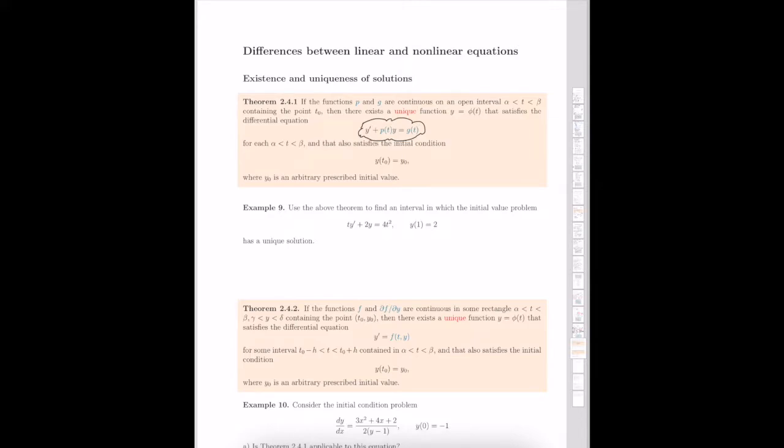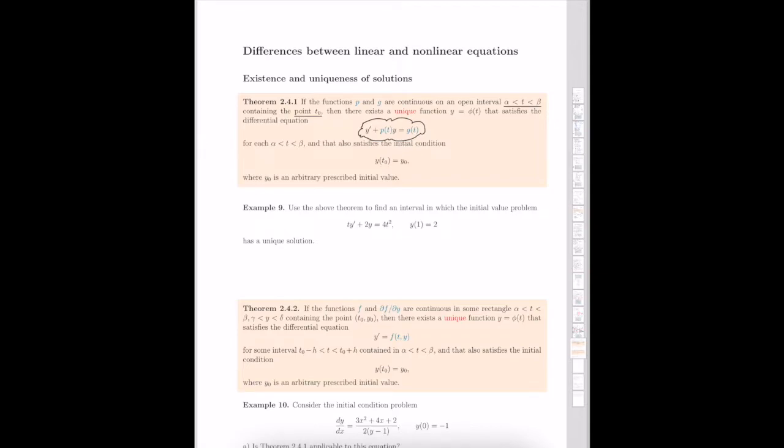So the theorem says that if the functions p and g are continuous, not everywhere, but on an open interval alpha beta, where this open interval includes the point t0, then there exists a unique solution or function y equal to phi(t).